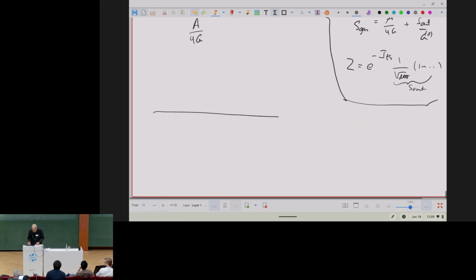So, I'm going to say something again, which I think I have said before, but it's such an important point I want to repeat it. We computed the entropy, but is it a counting of states?